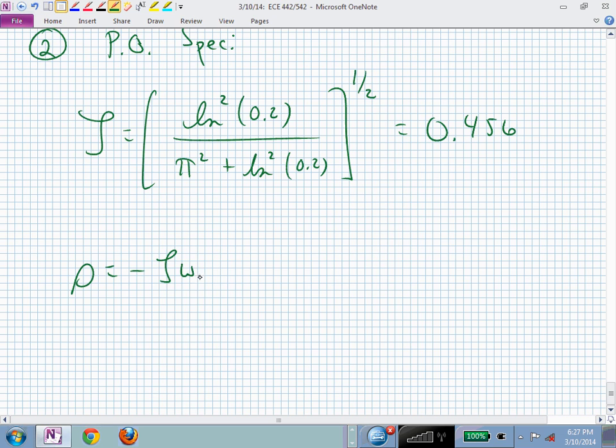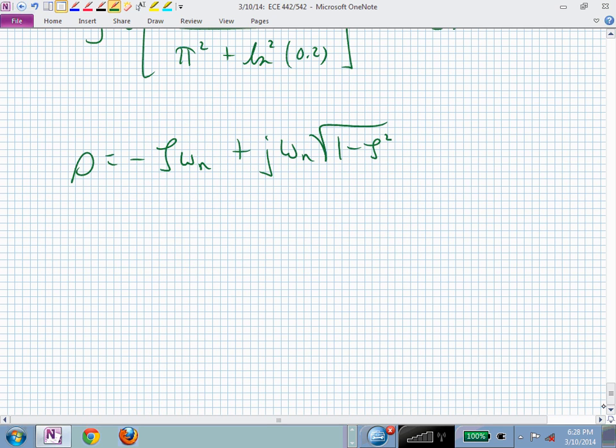Remember our parameterized S-plane poles, they're at minus zeta omega sub n plus j omega sub n square root of 1 minus zeta squared.